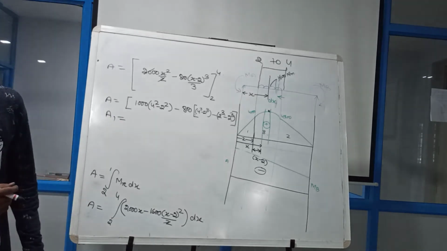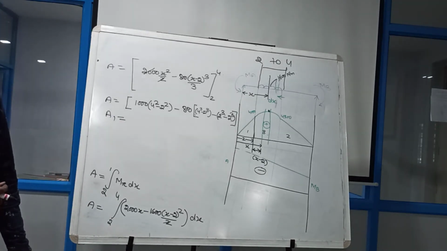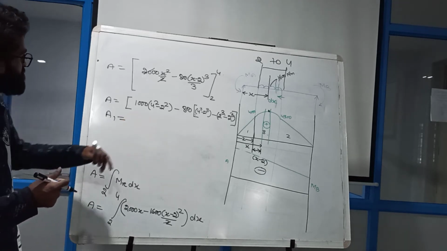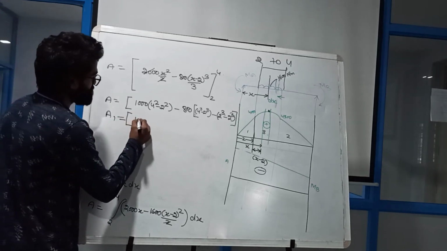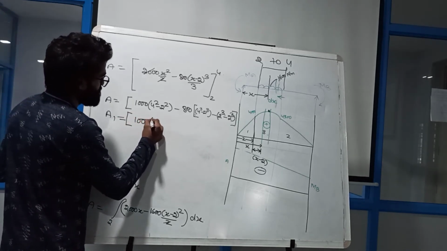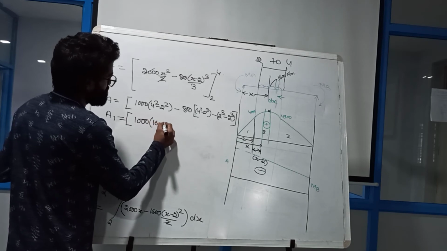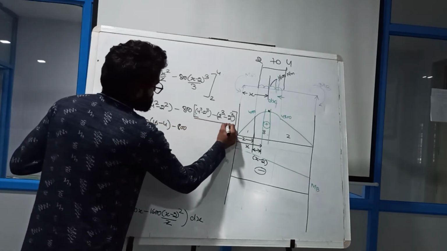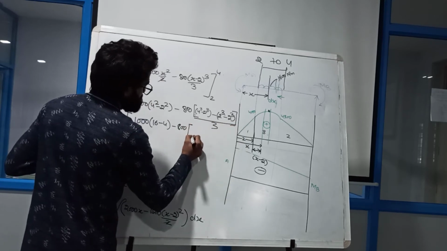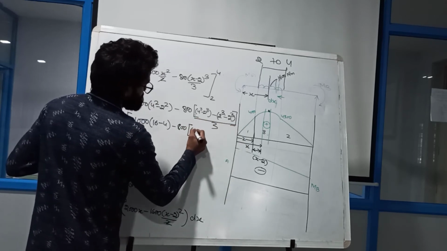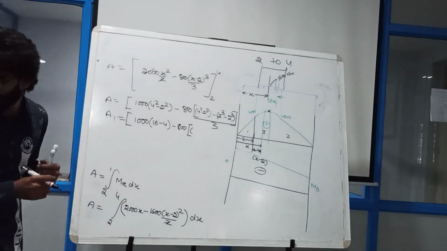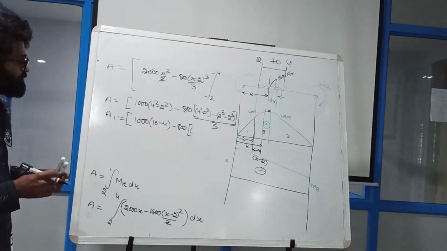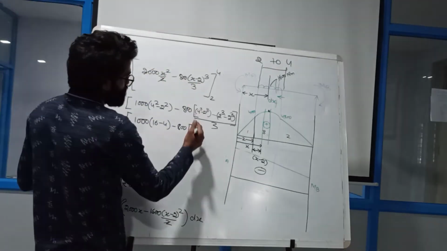So what value am I going to get from here? This is the 1000 into 16 minus 4, minus 800 into 4 cubed minus 2 cubed, minus 2 cubed minus 2 cubed, divided by 3. I didn't bring my calculator, so you can solve this out.